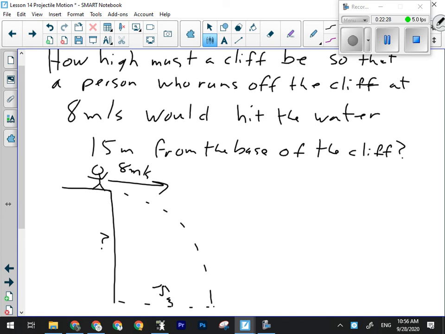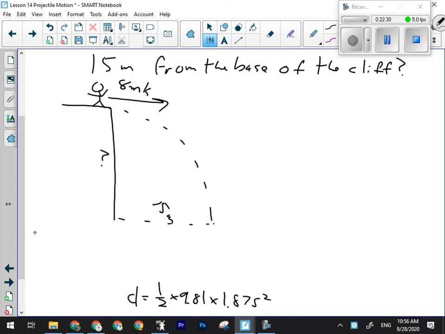That's what we're told. So, horizontally speaking, I'm given 2 things. What am I given? Distance and velocity. I'm told that they're running at 8 meters per second and they're going to travel 15 meters. That's what the question gave me.